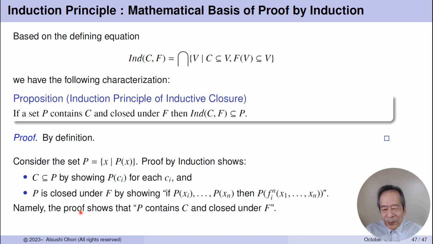So namely, the proof by induction shows that P contains C and is closed under F. So this is what is going on in proof by induction. And so by this trivial property, if you have completed a proof by induction, then property P holds for all elements of the set. So this is a rigorous understanding of proof by induction. So this is the end of this lecture number 3.